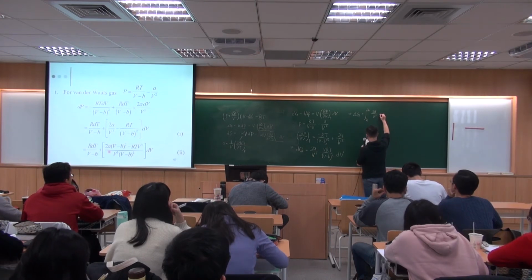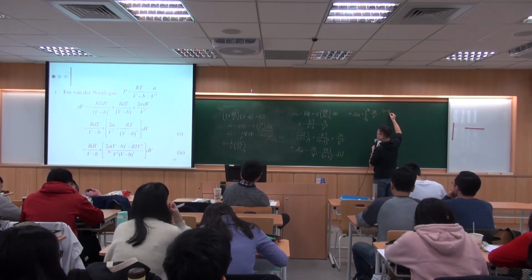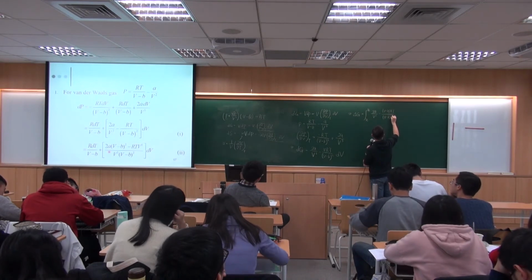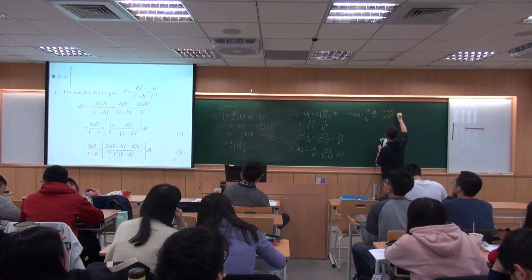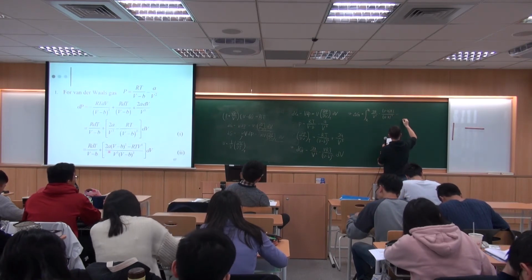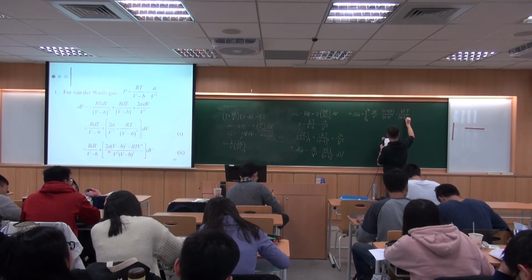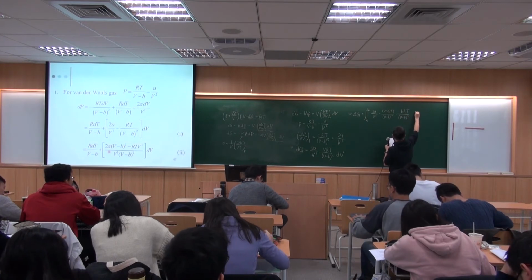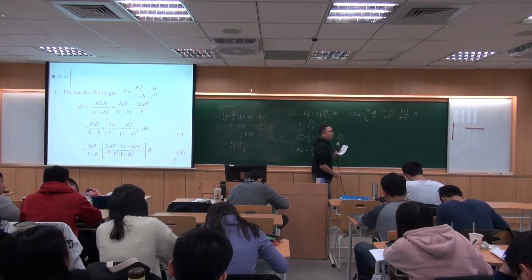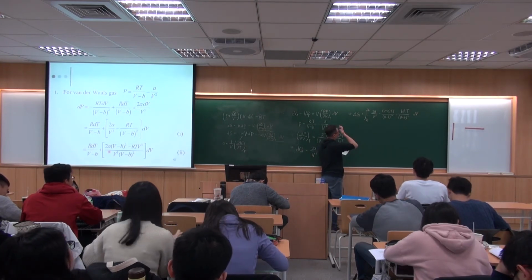So this will become RT over V minus B squared, plus something back, and we'll have a minus sign, so this is minus BRT over V minus B squared. Okay, so this is the final expression that you're going to use to integrate over this range of volumes.